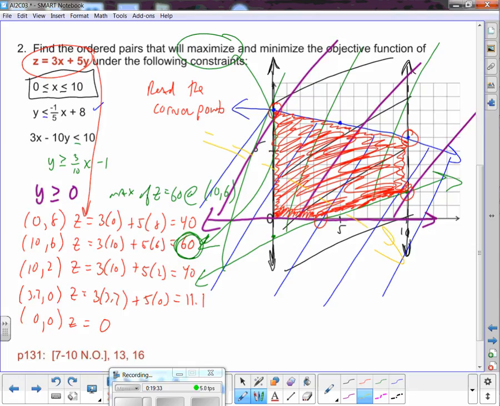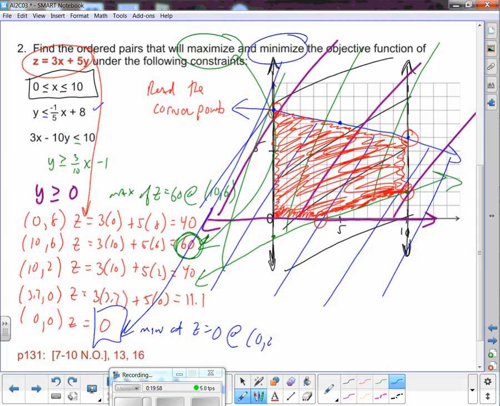So (0, 0) isn't always a corner point or a point of the feasible region, but when it is, it's going to wipe out the variables there, and so obviously the minimum is 0. So min at z equals 0 at (0, 0).